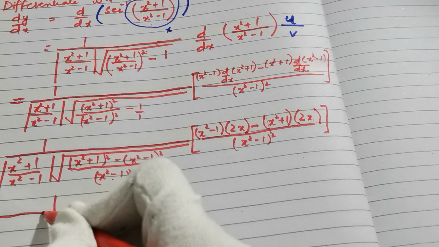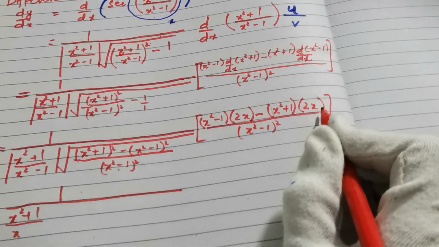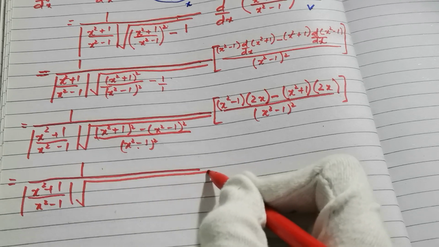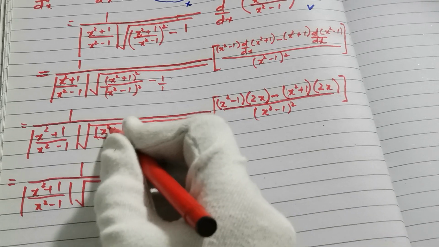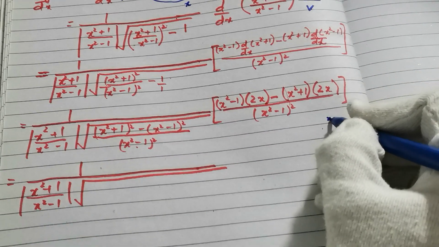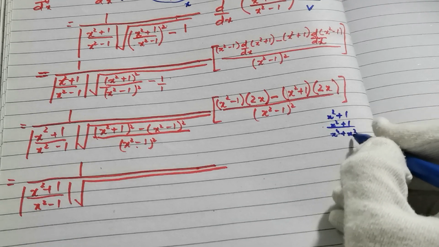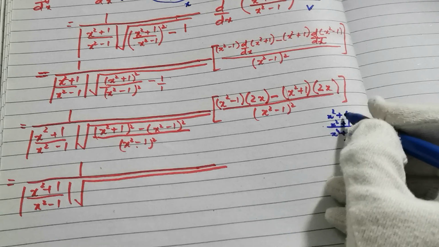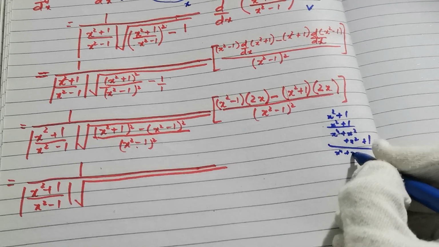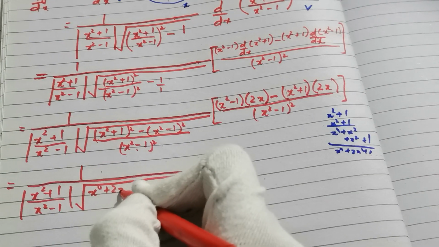Now 1 divided by (x square plus 1) divided by (x square minus 1), under root. (x square plus 1) whole square, multiplying, we get x4 plus x square plus x square plus 1, which is x4 plus 2x square plus 1.